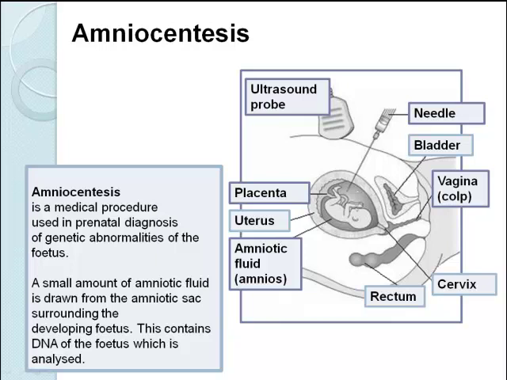A small amount of amniotic fluid is drawn up from the amniotic sac, which surrounds the developing baby, the fetus. This fluid that is drawn up will contain something called DNA, which is our genetic material, and this can be analysed to find out if there are any genetic abnormalities, such as Down syndrome.